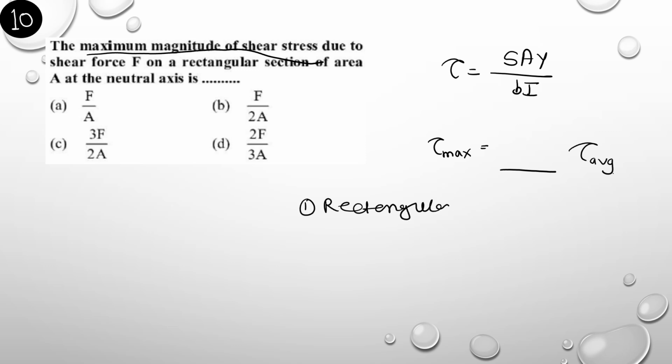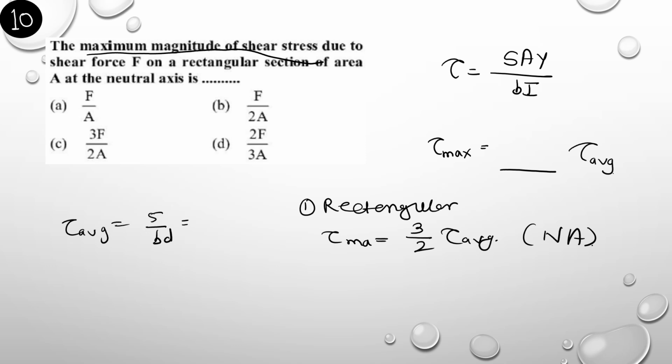So for a rectangular section, tau max is equal to 3 by 2 tau average about its neutral axis. Here tau average is nothing but S by BD.